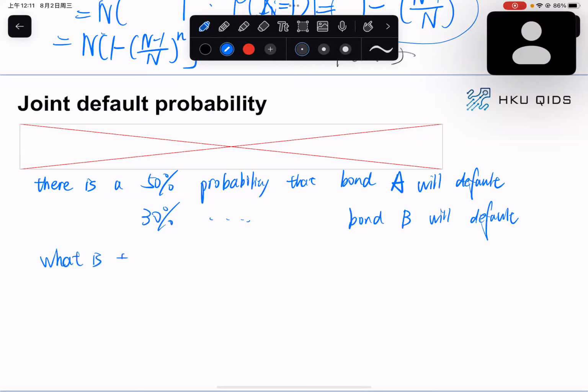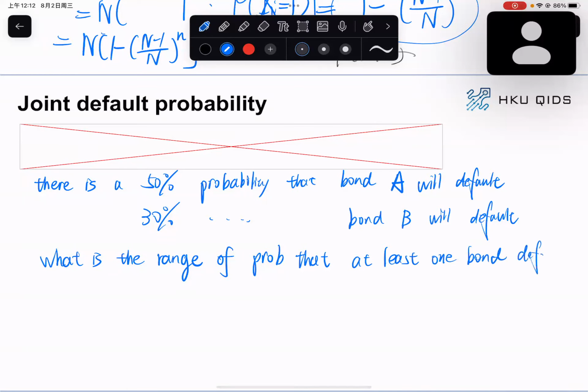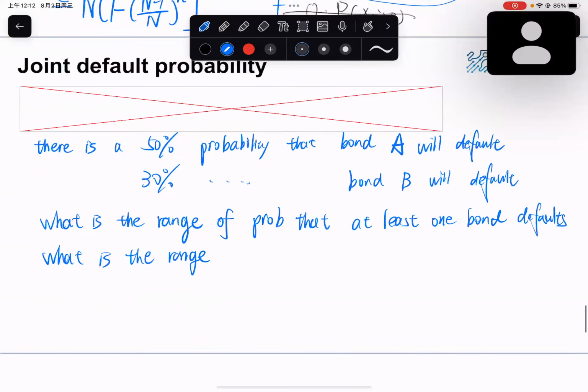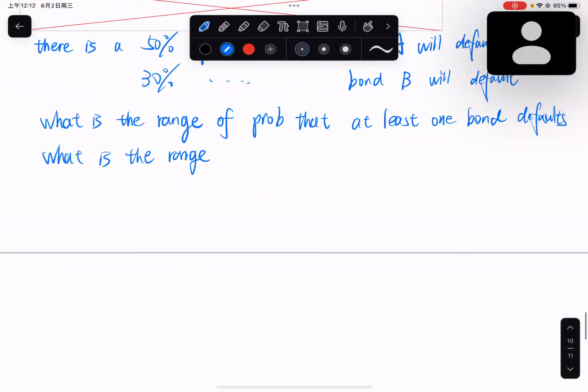What is the range of the probability that at least one bond defaults? And what is the range of A and B's correlation?